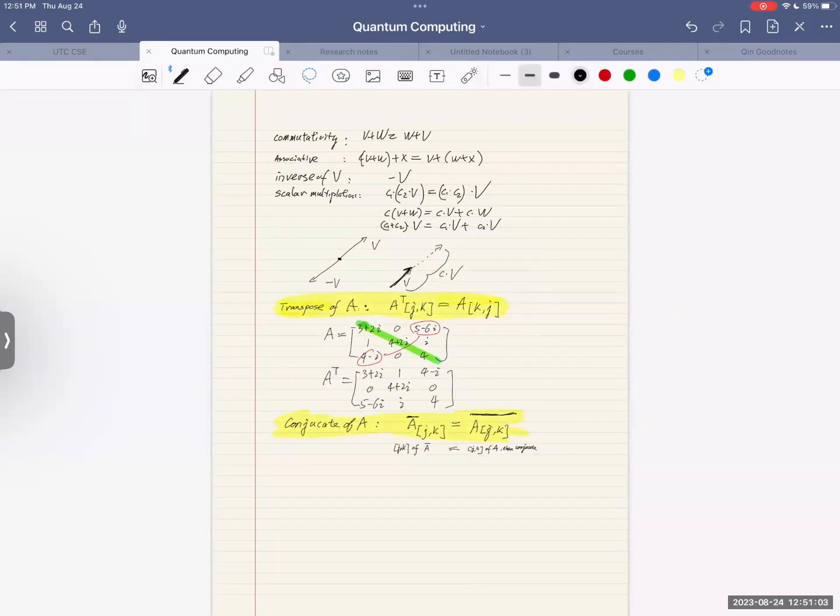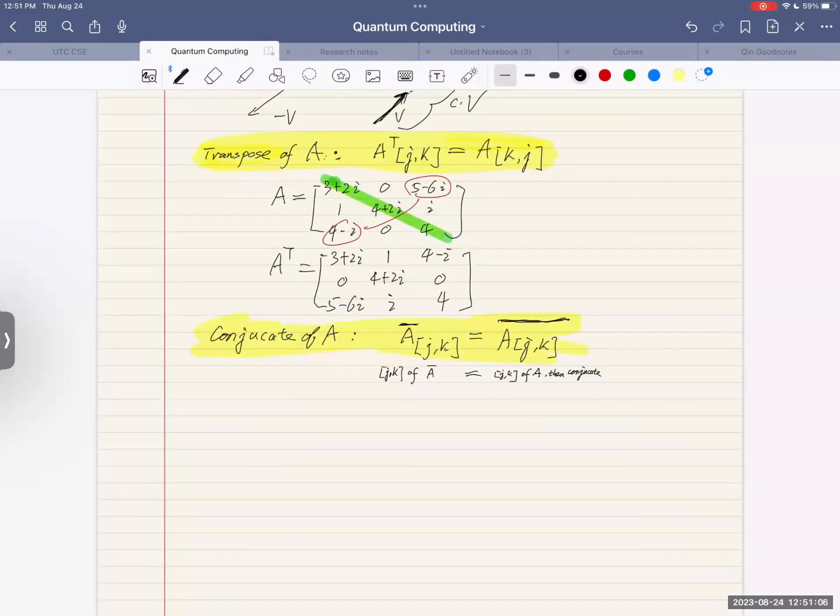So the next one is called adjoint or dagger operation in the book, which is basically called conjugate transpose. That means for a matrix, say A dagger.